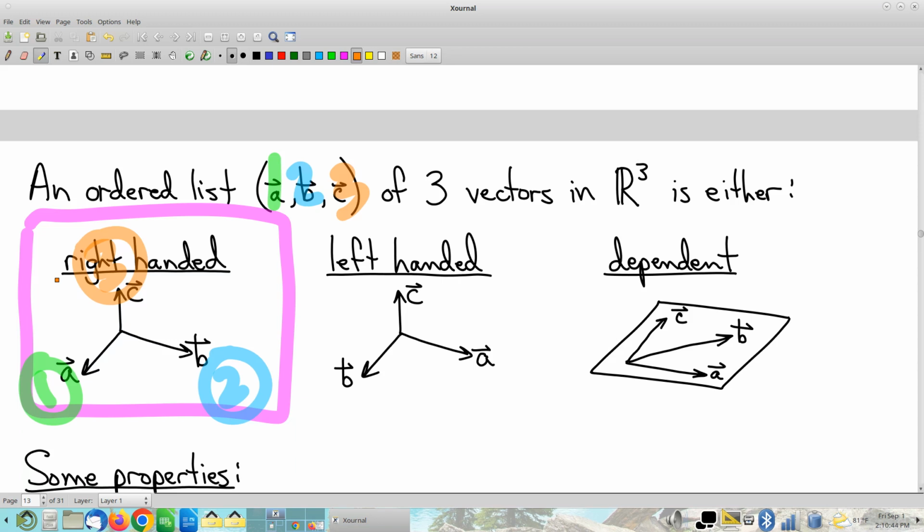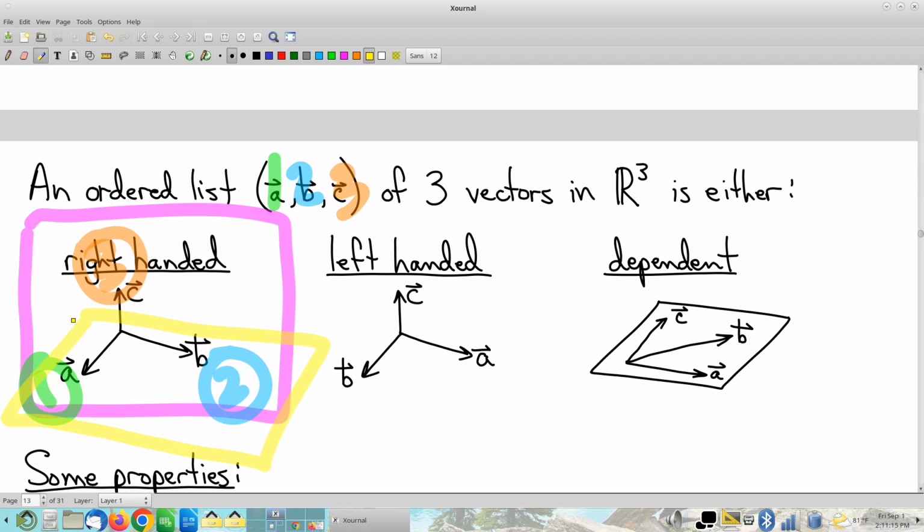Now notice that between the two of them, A and B, they define a plane. This third vector points generically on one side or the other of the plane. With your hand arranged as previously discussed, your thumb points on one side or the other of that plane. Again, no breaking your joints.